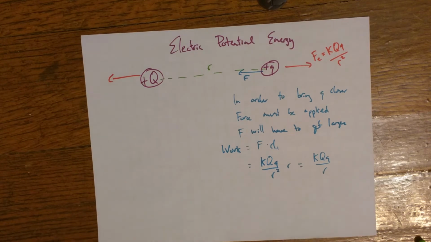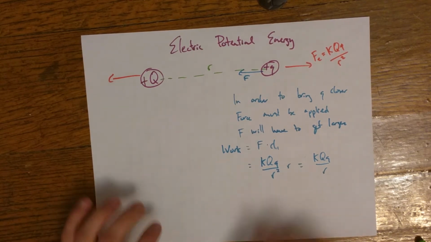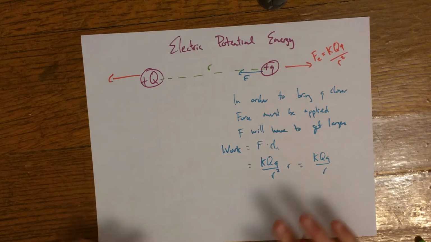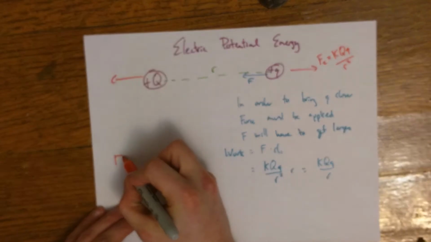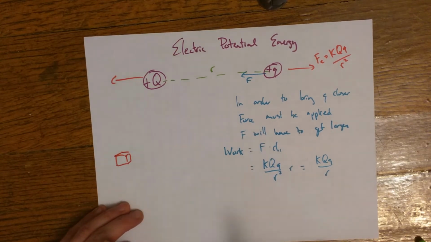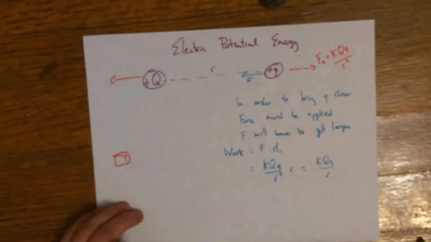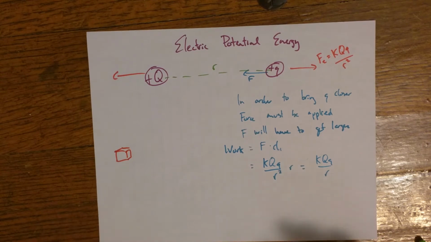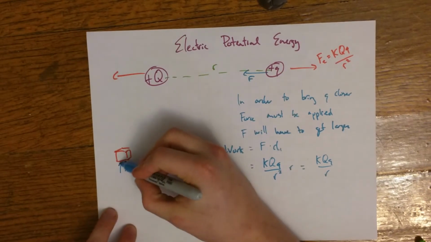Now, before we go any further, I want to make the analogy to gravitational potential energy. Let's suppose I have these bricks just hanging out on some surface, and then you come along and decide to push them up to a higher height.